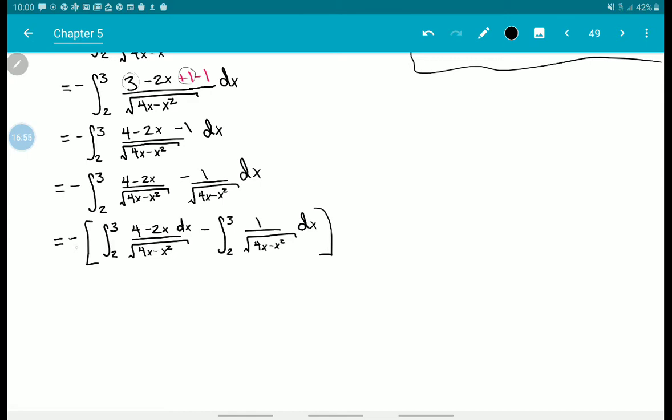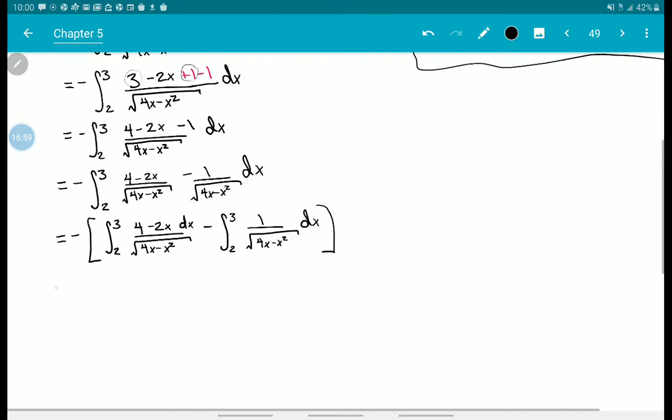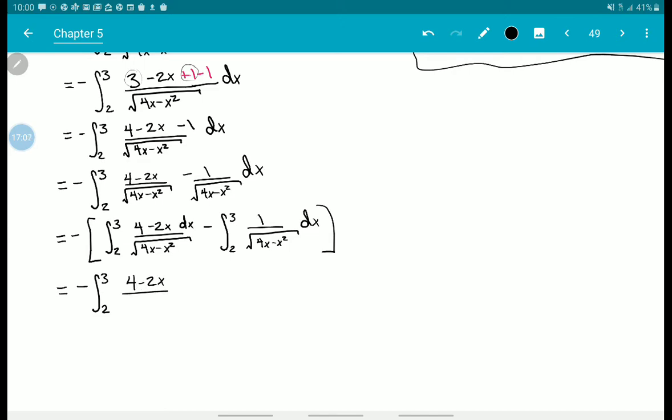Now, to simplify this, I am going to distribute that negative to both of these pieces. That way it makes it easier for us and we can ensure we don't lose it. And when I distribute this negative to this guy, that becomes a positive.